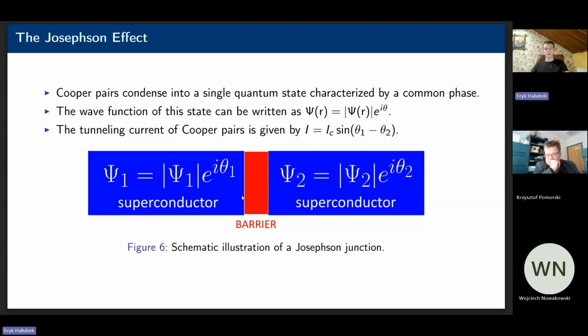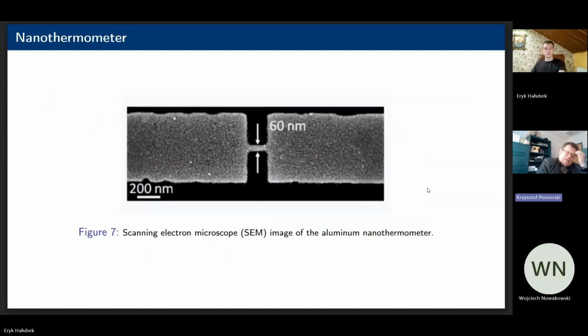We can apply some voltage to such a junction, which gives the AC Josephson effect, where the difference of the phases depends on time and the value of the current fluctuates in time, and the DC Josephson effect, when there's no voltage and the value of the current is constant in time.